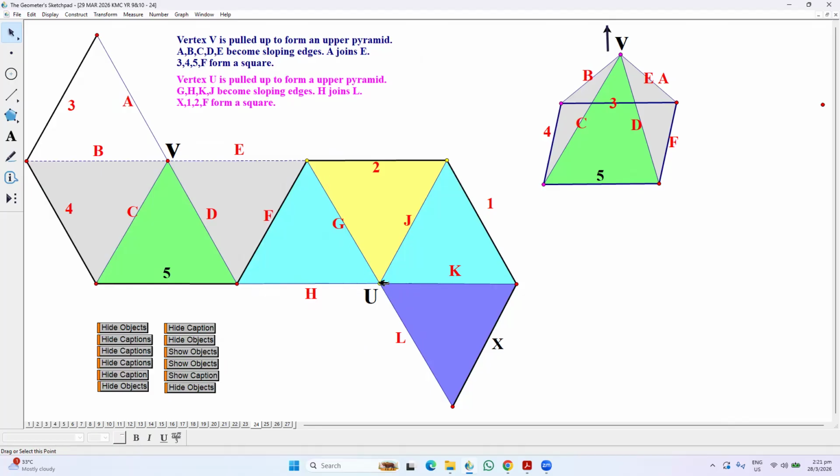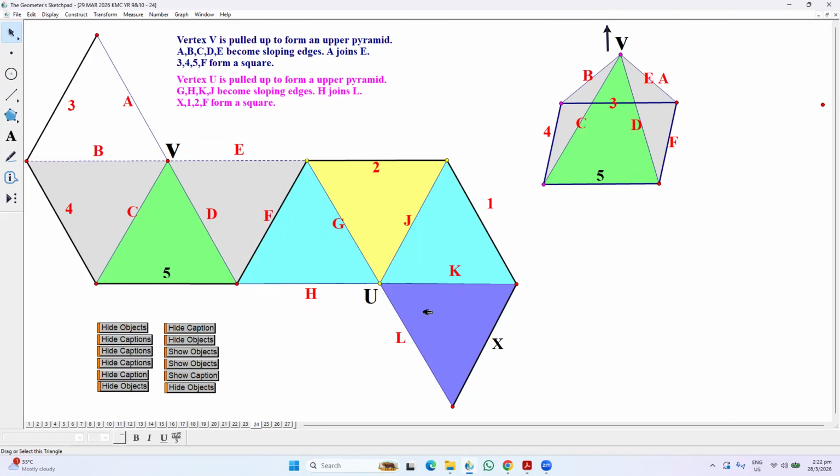When you pull up U to form an upper pyramid, the edges G, H, K, and J will be sloping, and H joins L. And this helps us visualize X, 1, 2, and F form a square.